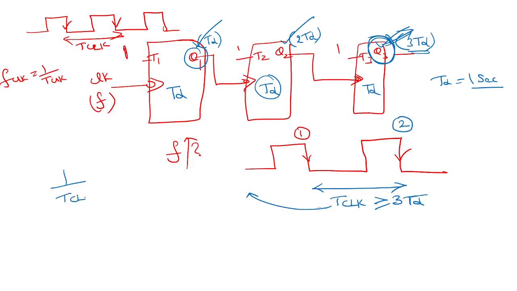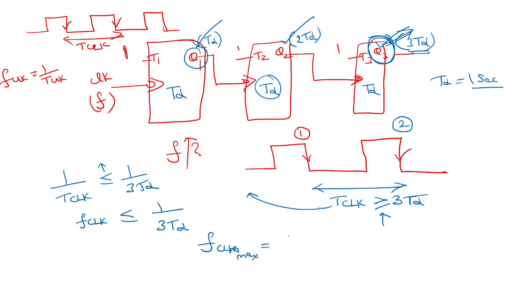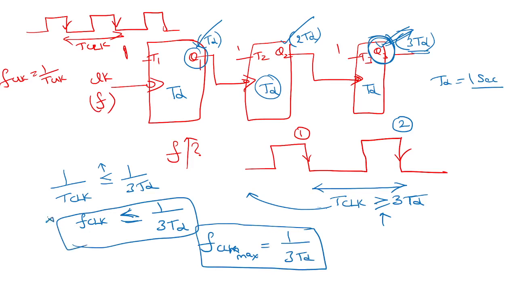What is frequency? 1 over T clock, which should be less than or equal to 1 over 3 times TD, correct? See the inequality change, mathematics, right? F clock should be less than or equal to 1 over 3 times TD. So the maximum frequency you can use is 1 over 3 times TD, not beyond that. That is the maximum limit.